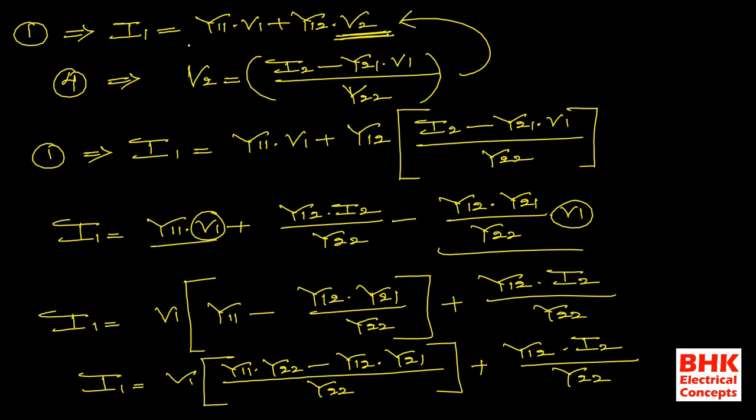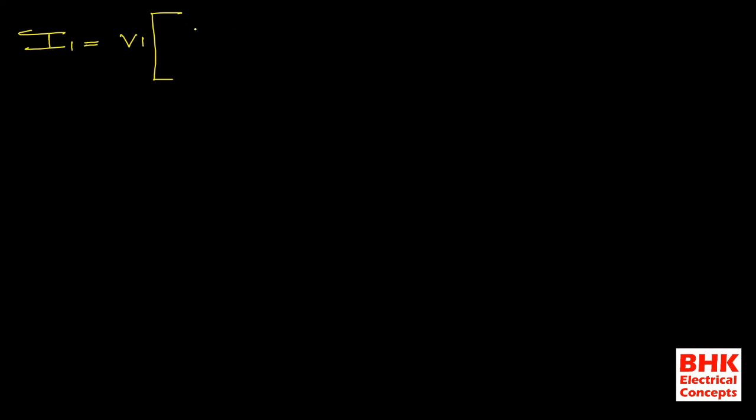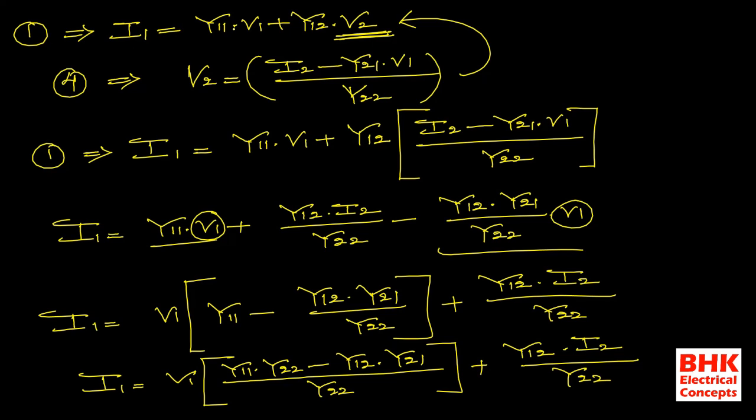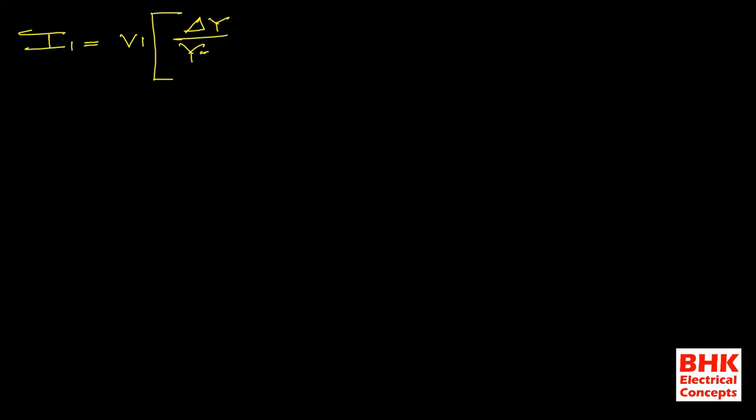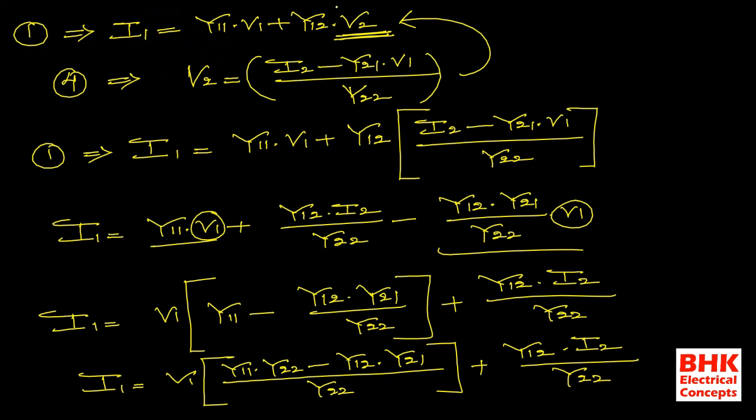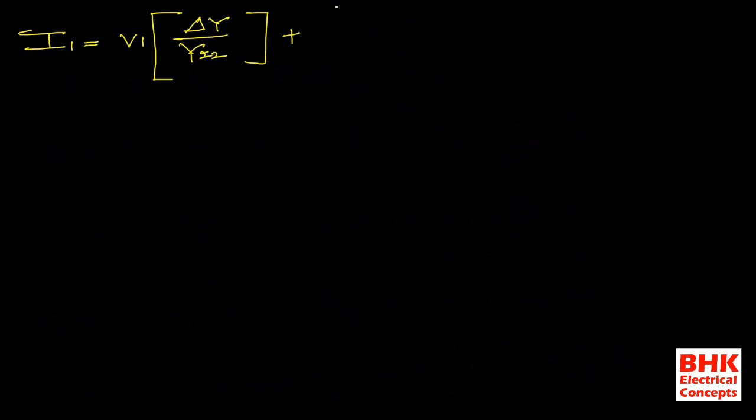So I1 is equal to v1 into delta y divided by y22, plus the remaining term y12 into I2 divided by y22.